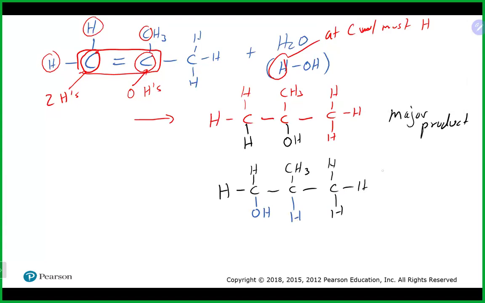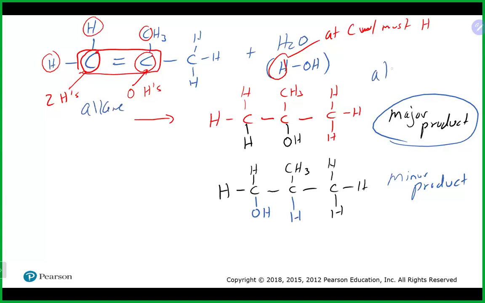You will end up with what is referred to as the minor product. And most of the time, you do want to sort of follow Markovnikov's rule in the major product in this case. And the difference here is actually the names. You actually end up with two different things in this case. So again, we're going from an alkene to an alcohol.